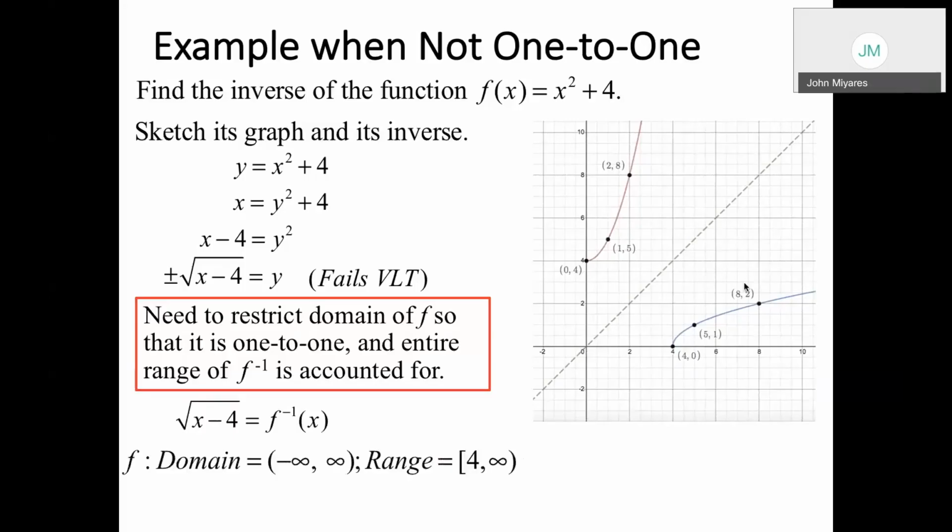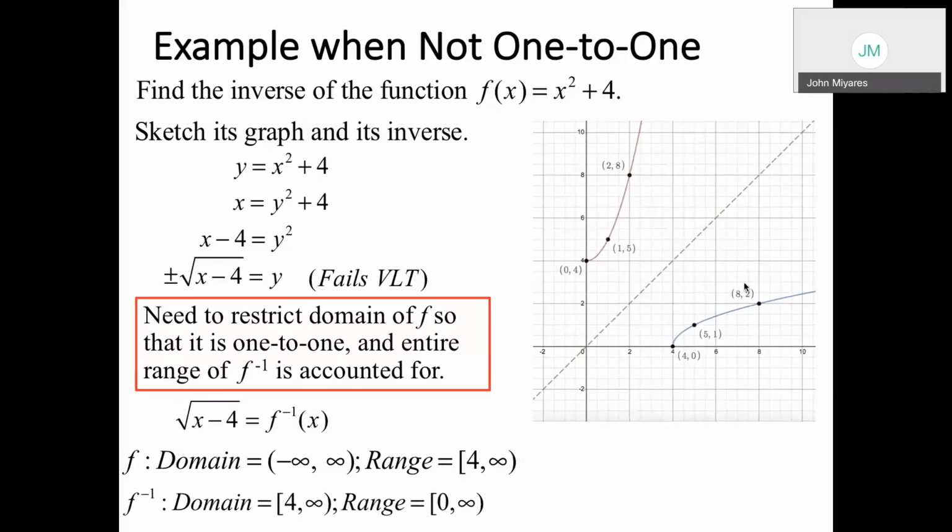So although the domain of the original function would normally run from negative infinity to positive infinity, and the range included all real numbers greater than or equal to 4, the inverse is going to have a domain of x values all greater than or equal to 4, but the range is going to exclude those negative numbers.